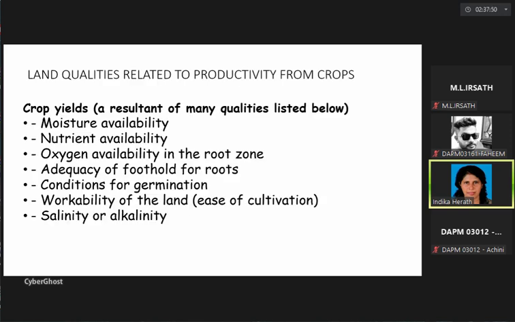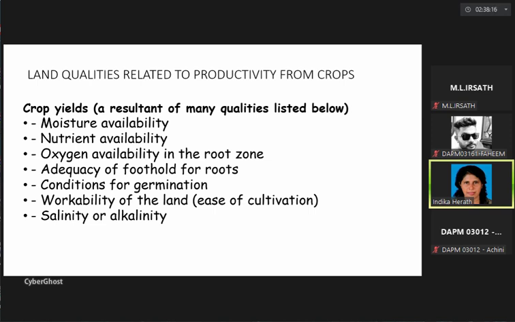When it comes to the qualities that are related to the productivity, we have listed here a number of land quality related aspects that are affecting the crop yield, right?